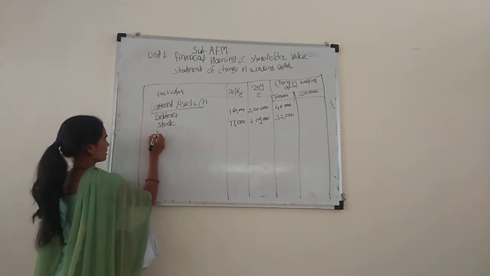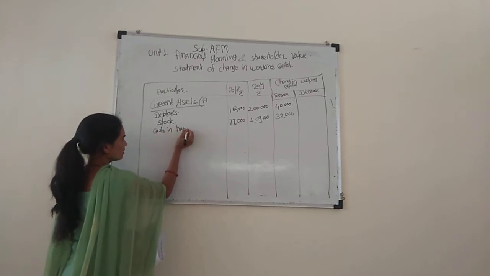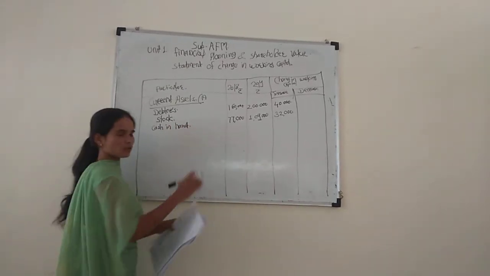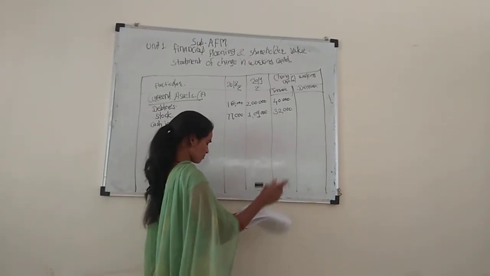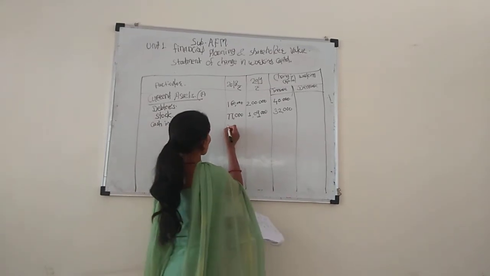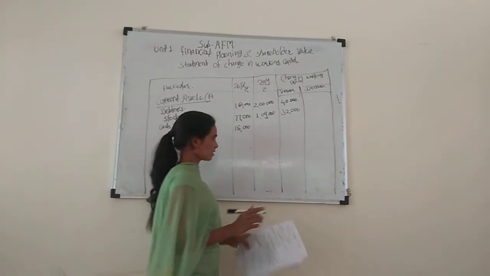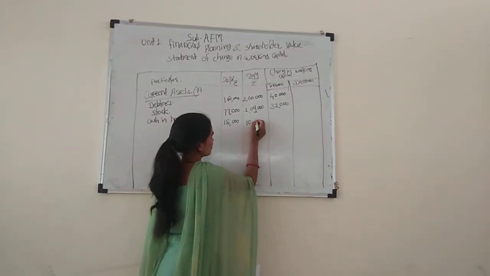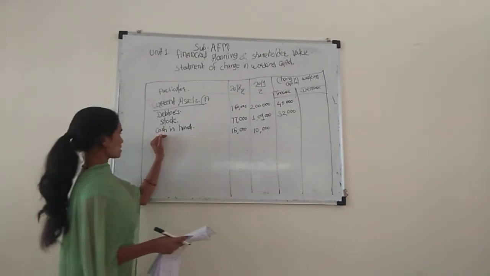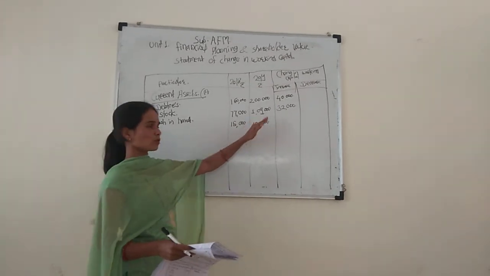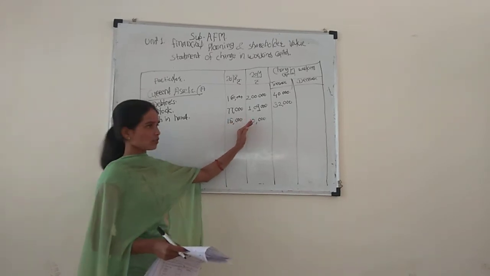Okay, next one is cash in hand. This is a current asset. Cash in hand in 2018 is 15,000 and in 2019 is 10,000. So 15,000 minus 10,000 is equal to 5,000.